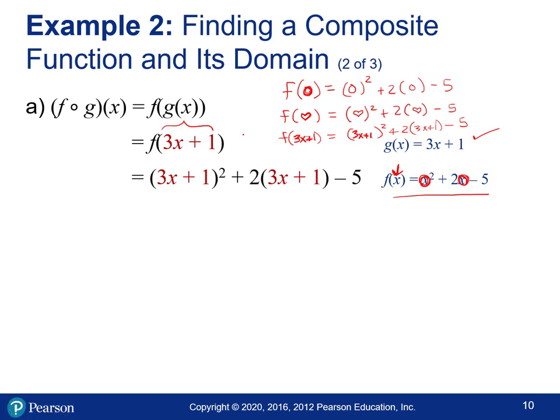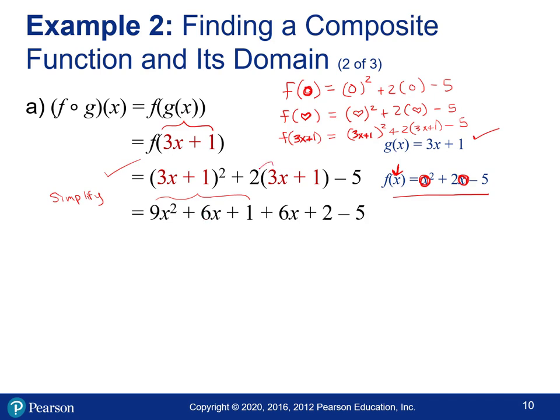If you have that step, that's one of the hardest steps, so then you're good to go. The rest is just simplifying. So we have 3x plus 1 squared, so you're going to FOIL that out. That's this part here after you expand it.